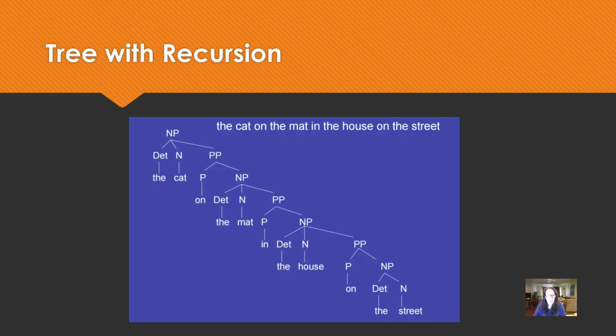Here's a tree with a lot of recursion. There's actually nothing to stop us from just continuing to add prepositional phrases to the end of this, as long as it makes sense in our sentence. So it's important to point out here that any neurotypical human 2-year-old can do this. They can say sentences like this. They can understand sentences like this.